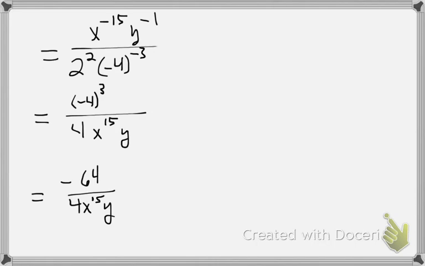Does that make sense? Now, does this reduce? How many times does 4 go into 64? 16. So we have negative 16 over x to the 15th y.